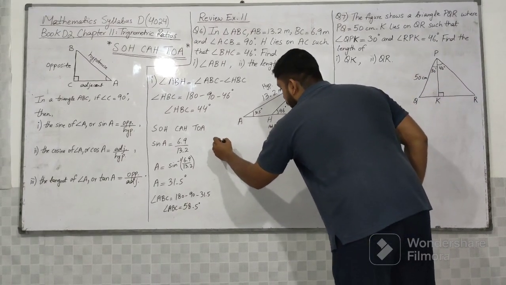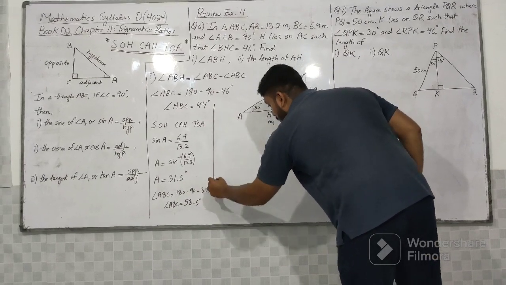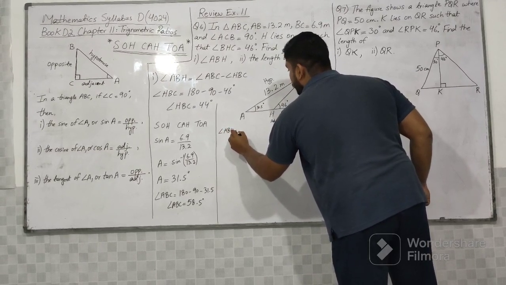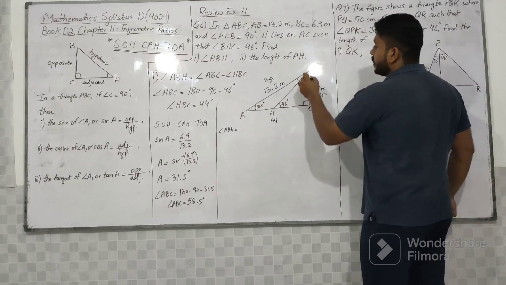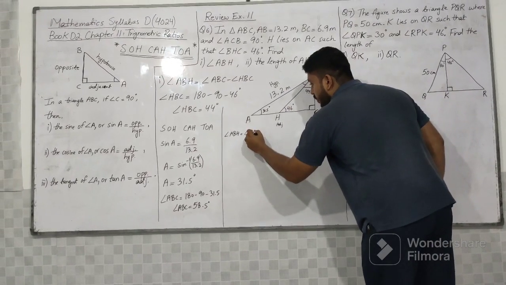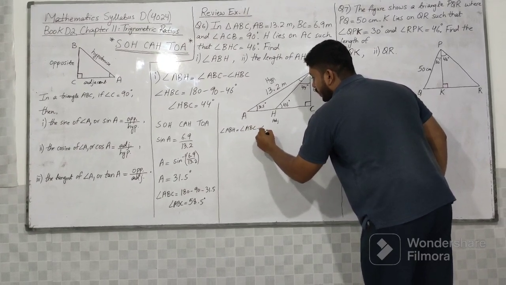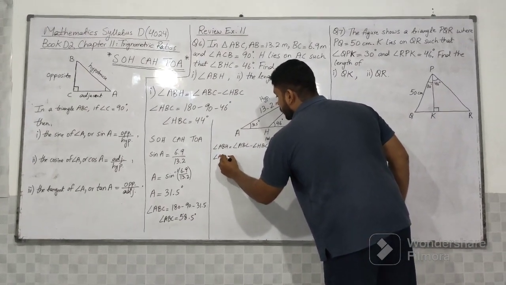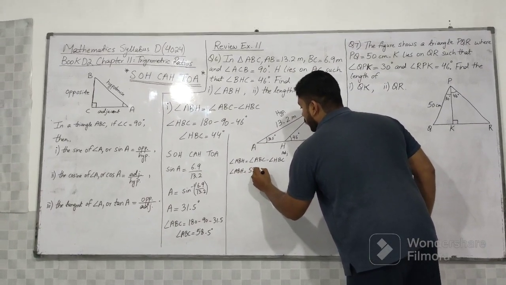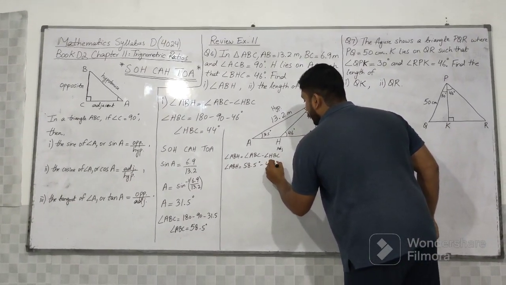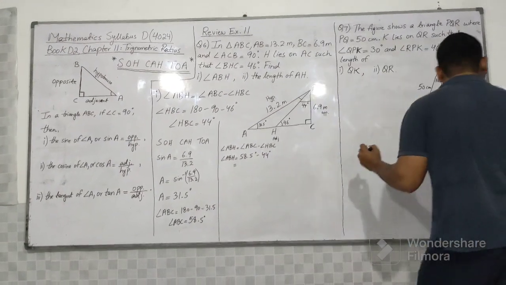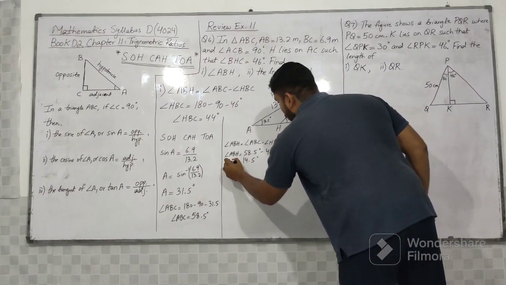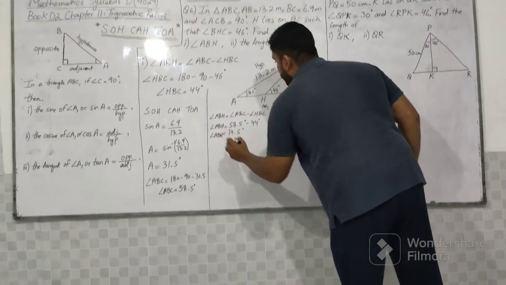Okay, so angle ABH equals angle ABC minus angle HBC, which will be 58.5 degrees minus 44 degrees, which will give you 14.5 degrees as your answer. So this is the answer to part 1.